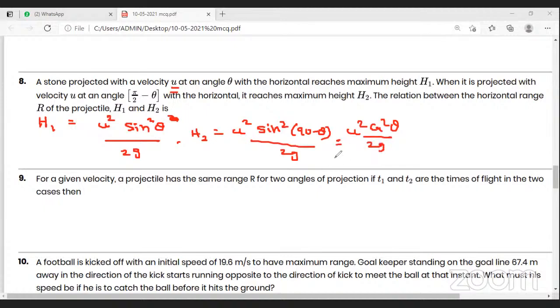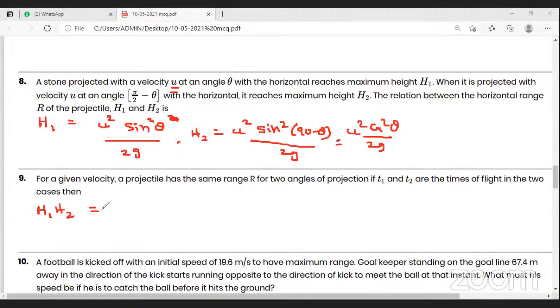One is h1 and the other is h2, and they are asking for the relation between h1 and h2 and also R. To get the R value, the answer should be in terms of sine theta and cos theta, or sine 2 theta like that. So I can take h1 into h2.